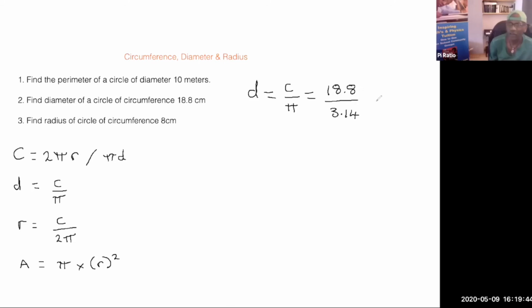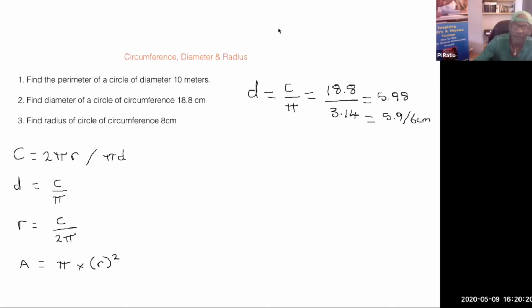So diameter is going to be, I've got 5.98. If I round that off, it will be 5.9 stroke 6 centimeters. So it can either be 5.9 or 6 centimeters, okay? And that is how you find the diameter.